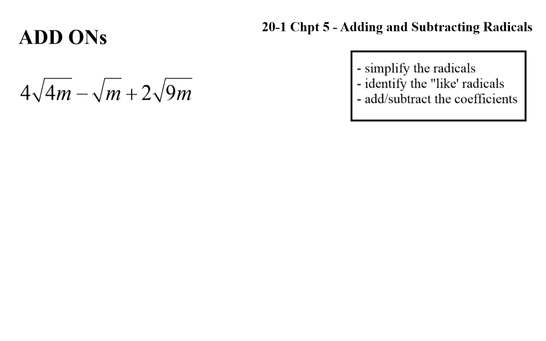4m, I can root out 4 because the square root of 4 is a 2, and m I can't root anything out because I can't multiply something by itself to get an m. So if I root out the 4, I'm going to be multiplying by a 2, and I'll have 8 root m. If it helps, there's a coefficient of 1 out front.